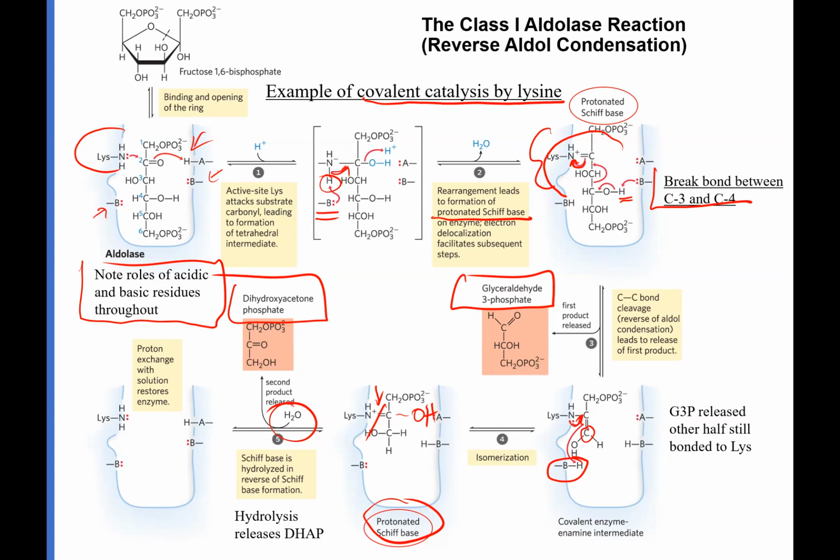But in terms of the important things of the other mechanisms that I showed, in the isomerase reaction, the thing I was trying to emphasize was the importance of acid-base catalysis with an active site glutamate, and how that facilitates the transition from an aldo to a keto sugar.